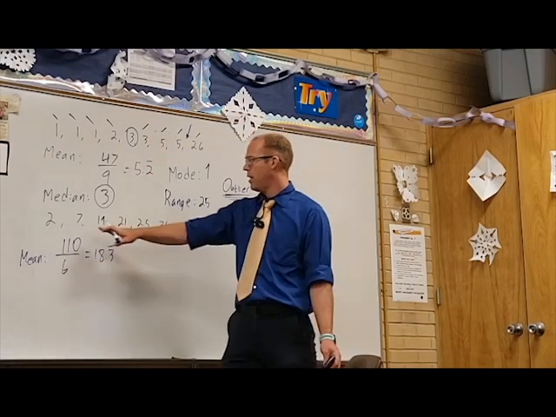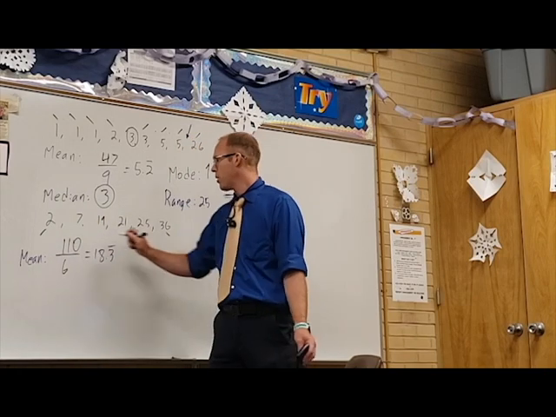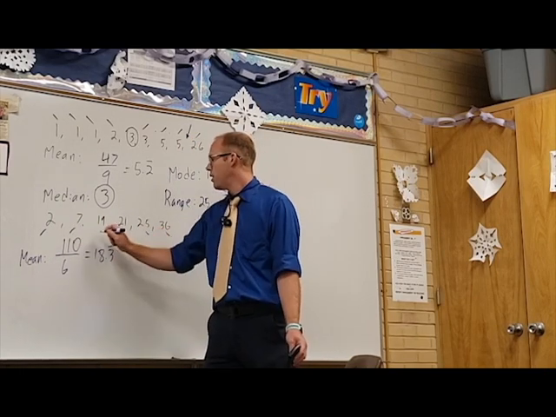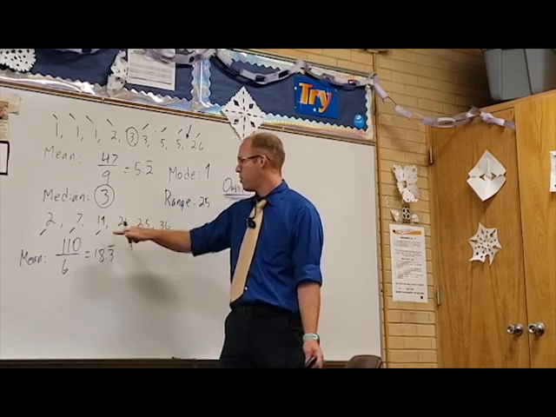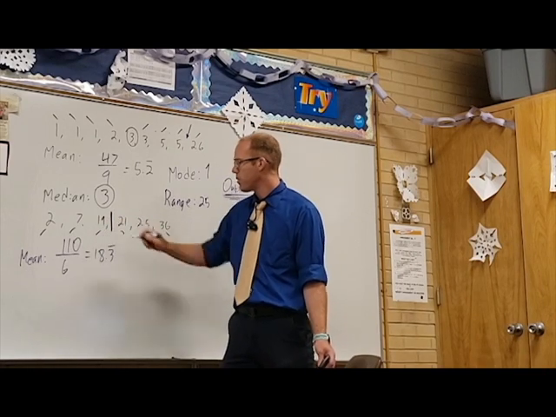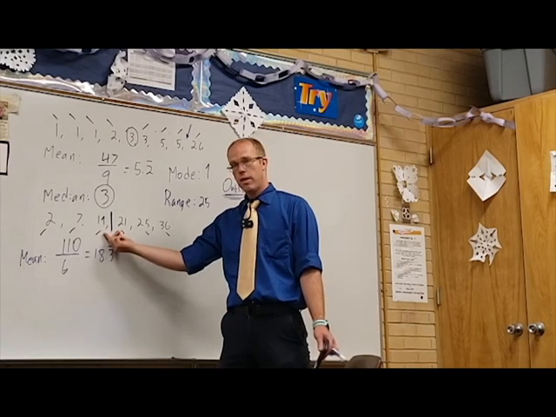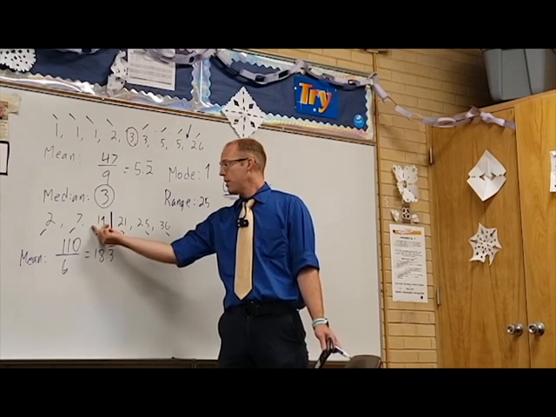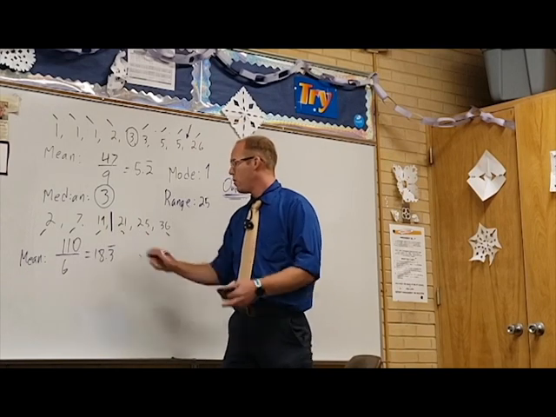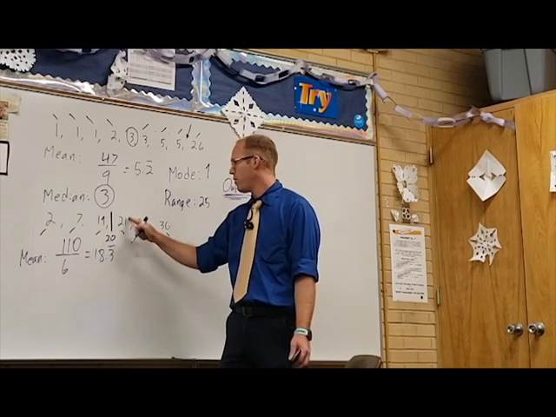Okay, our median again, these are in order, so I'm going to make the little marks towards the center. And you'll notice that these two numbers share the center, or the center is actually in between those. So when that happens, we're going to find out what number would be exactly in the center. Exactly in between 19 and 21 would be the number 20, because 20 is one away from that and one away from that.